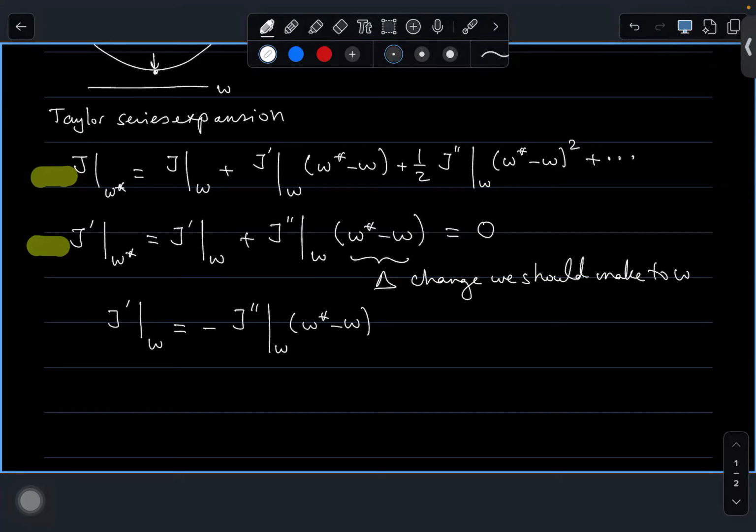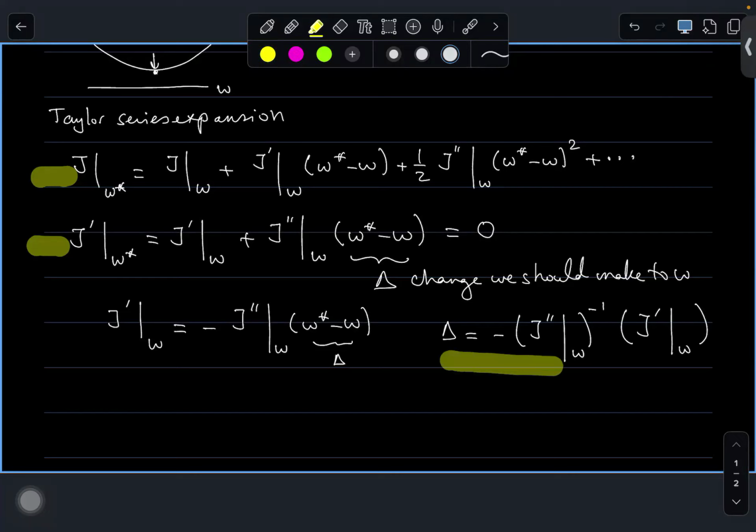So therefore, this term that I want to change is minus the inverse of the second derivative times the first derivative evaluated at W. Okay, so that's a nice little equation that we just found.